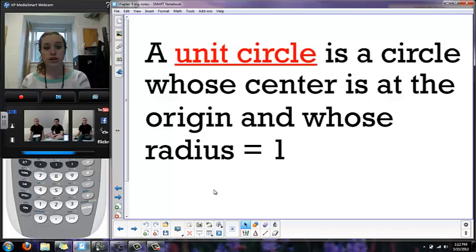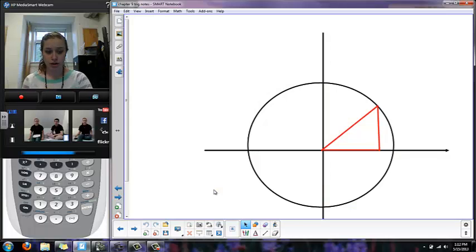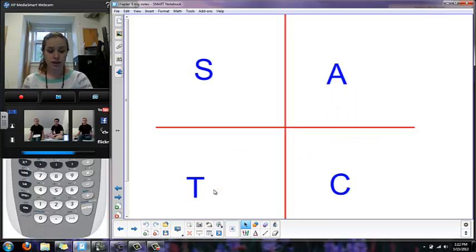Okay, then we started learning about a unit circle, and your plate that you should have right in front of you right now is a unit circle. We're just pretending that the radius is equal to 1, so there were a bunch of things that I had you measure. We learned about sine and cosine as coordinates. So remember that, like how a normal coordinate is x comma y, it's actually cosine comma sine.